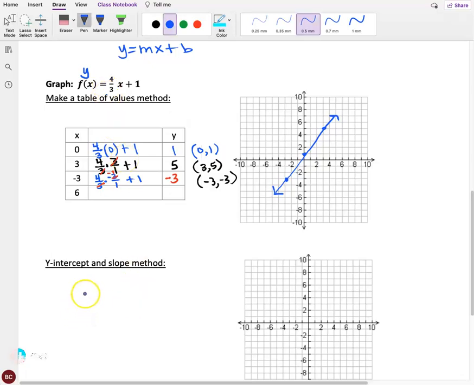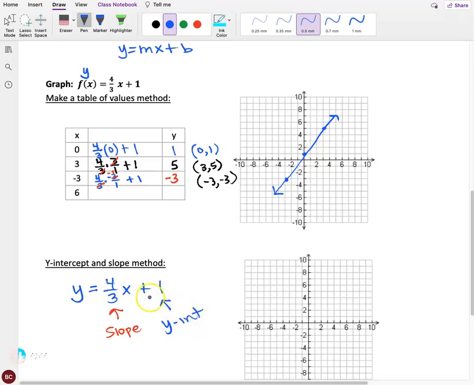Lastly, you could still use that y-intercept slope method that we used on the one above. So let me write it this way: y equals 4/3 x plus 1. When it's in this form, remember that the number in front of the x is my slope, and 1 is my y-intercept.